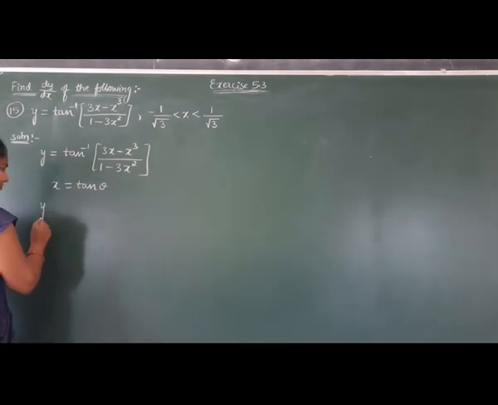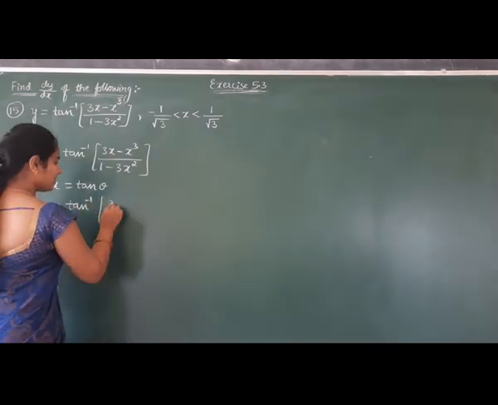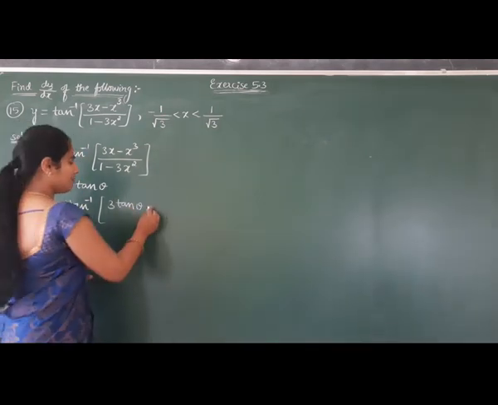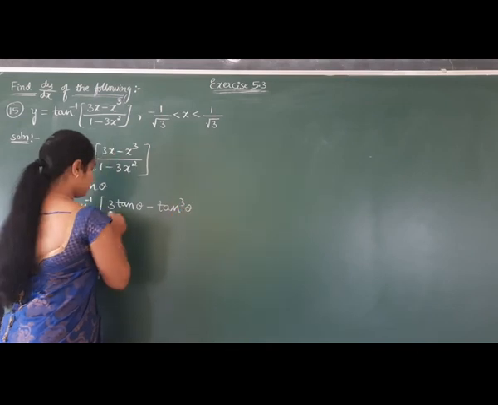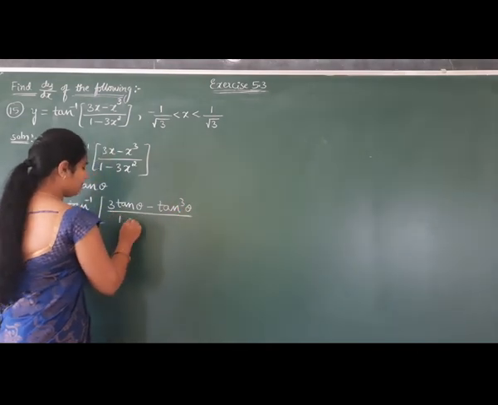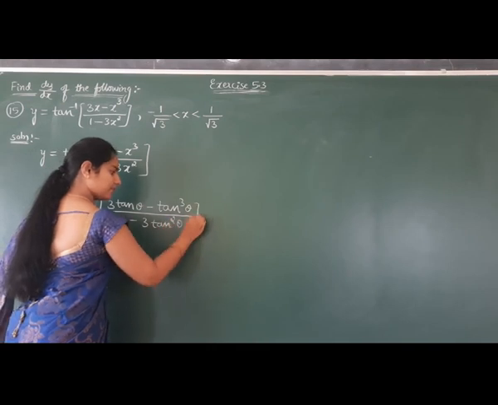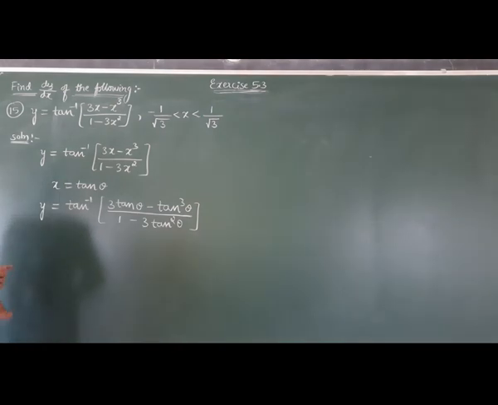So the equation becomes y is equal to tan inverse of 3 tan theta minus tan cube theta divided by 1 minus 3 tan square theta. Okay.